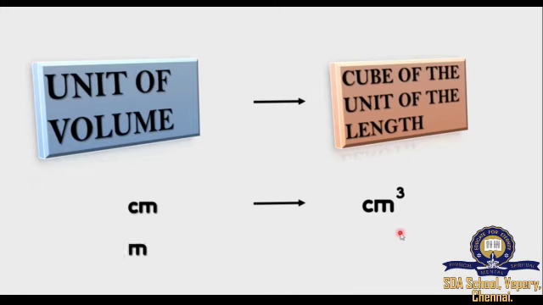If you are measuring the length in meters, it should be represented in meter cube. You should be very careful about this while doing problems. When you're measuring the length in centimeters, you should not represent the unit of volume in meters. It should go like this, not like this. So for the unit centimeter, it should be centimeter cube. For meter, it should be meter cube.